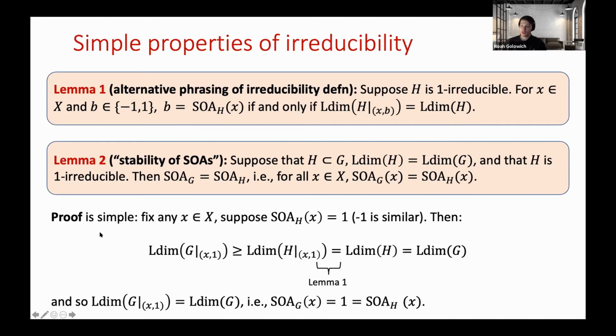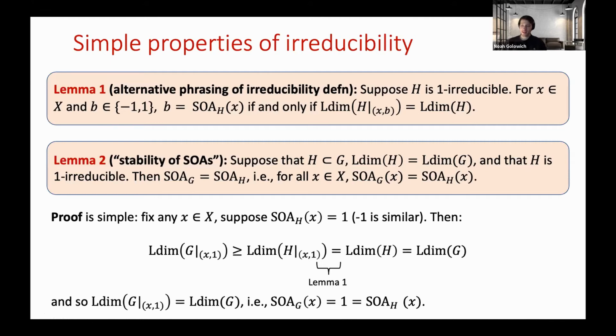But when we look at the entire chain of inequalities we've shown, what we have is that the Littlestone dimension of G restricted to x1 is at least the Littlestone dimension of G. But G restricted to x1 is also a subclass of G, so we also have an inequality in the opposite direction. So these two Littlestone dimensions are equal.